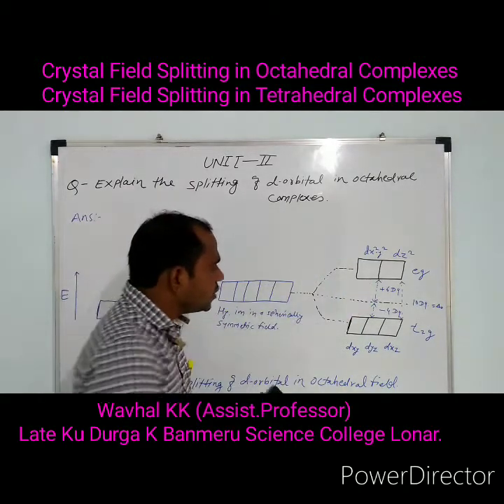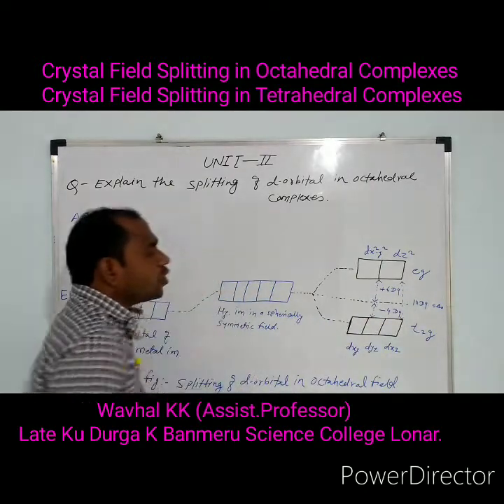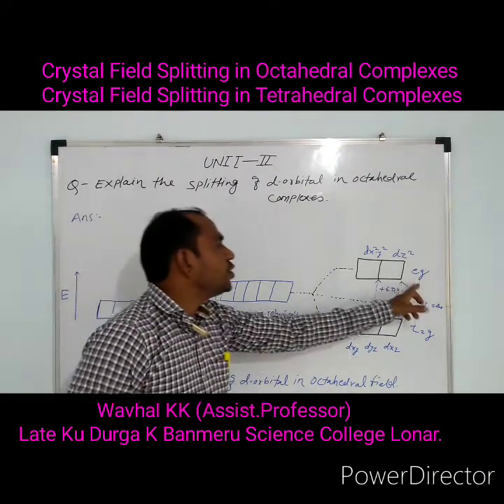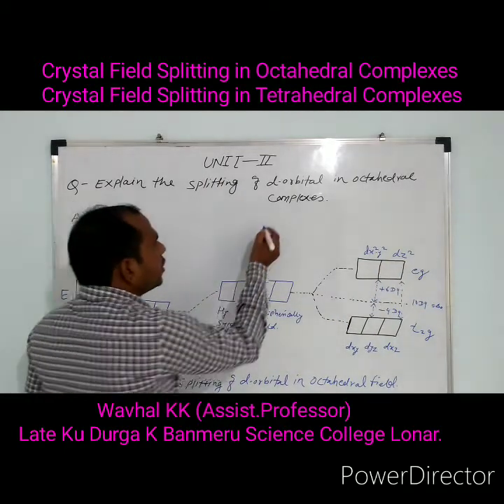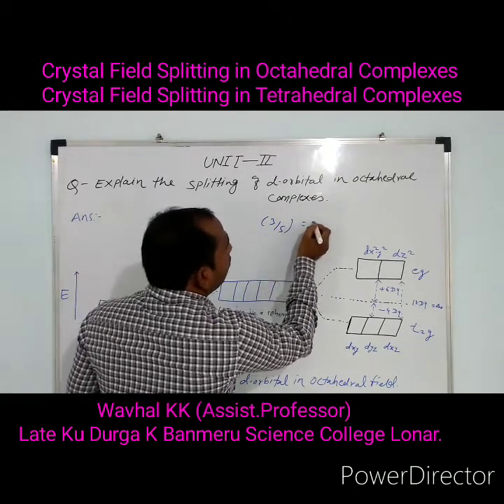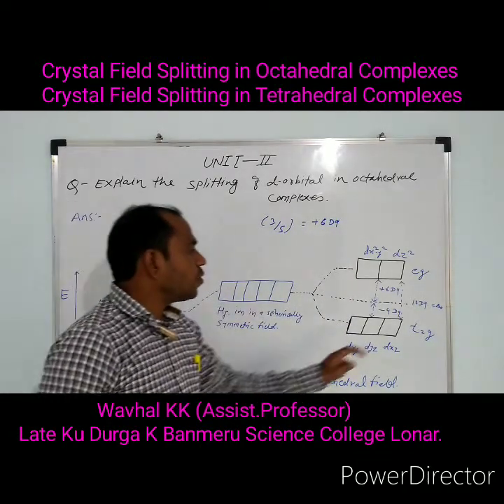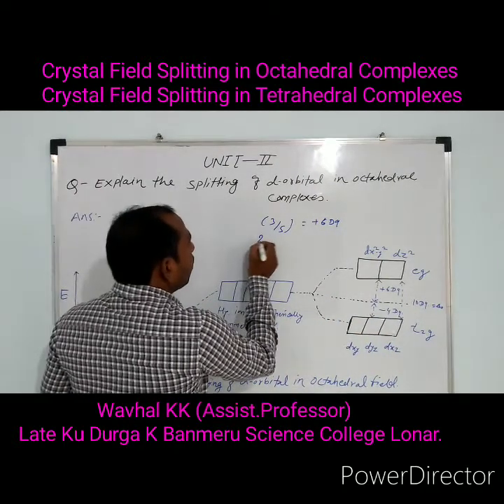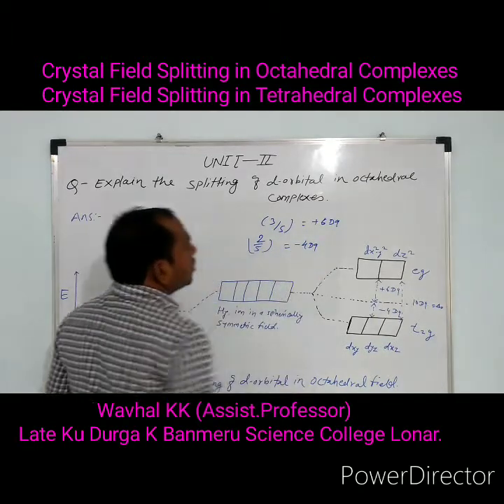This is called the barycenter. According to the center of gravity rule, the Eg orbital is raised in energy by 3/5, which is equal to +6 Dq, and the T2g orbital is lowered in energy by 2/5, which is equal to -4 Dq.